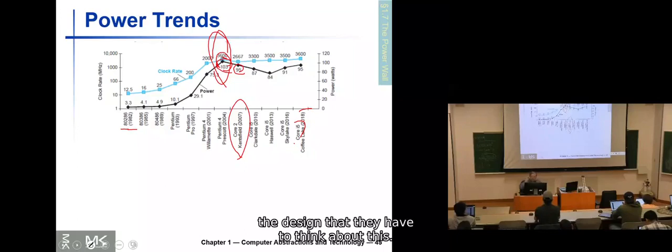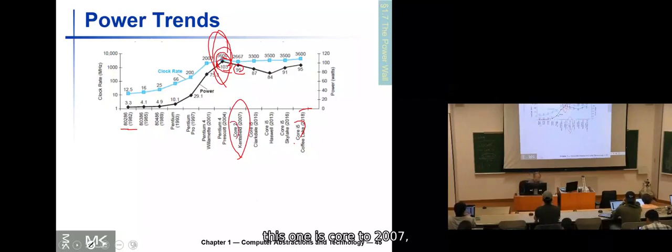This is the design that they have to think about. But what did they do? They made it two cores. So from this time, we moved from single core processors to multi-core processors. We have multi-core in each processor.